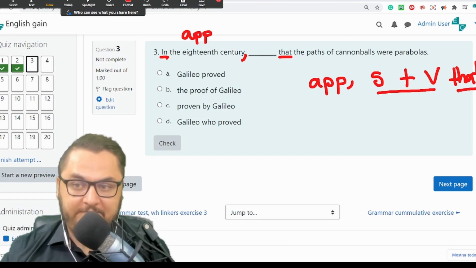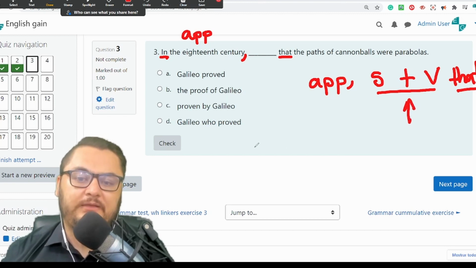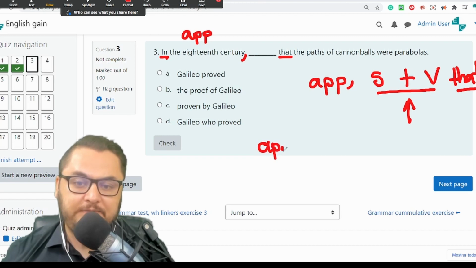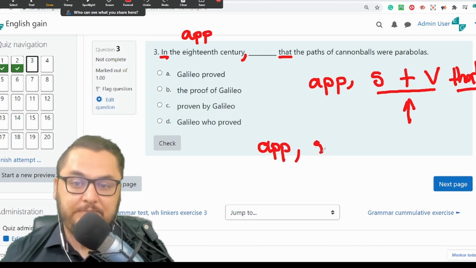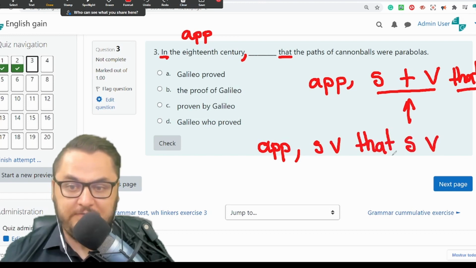I know that I have a rule with the word that. All I'm going to be looking for is a subject and a verb for now. It's going to be like this: appositive, subject, verb, connector, and subject, verb. This is something we just learned.